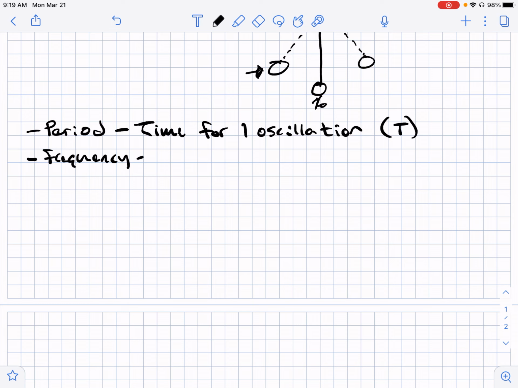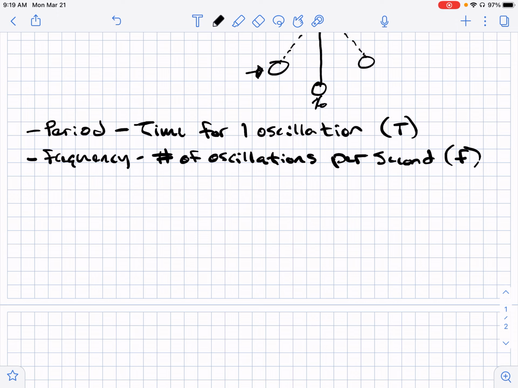Frequency is just the number of oscillations per second. And we use a lowercase f to represent frequency. So frequency is the number of oscillations per second, and period is the time for one oscillation.